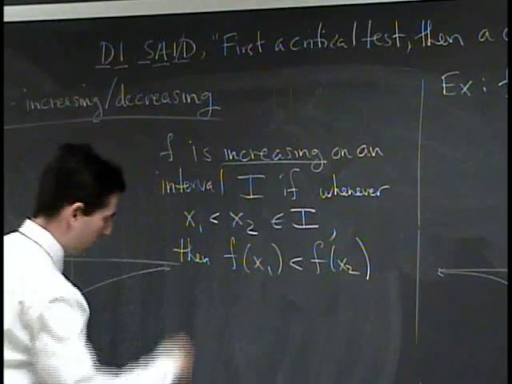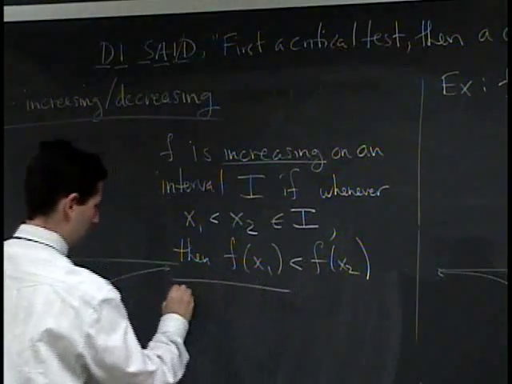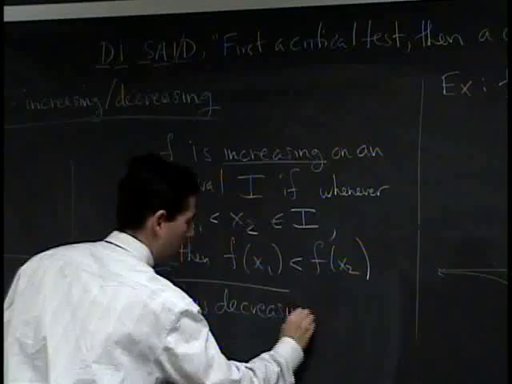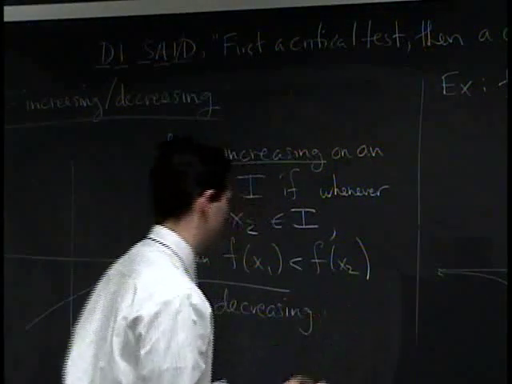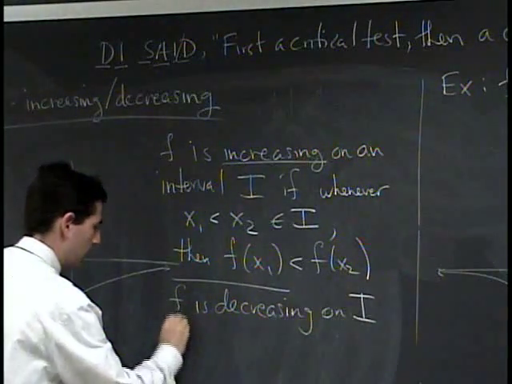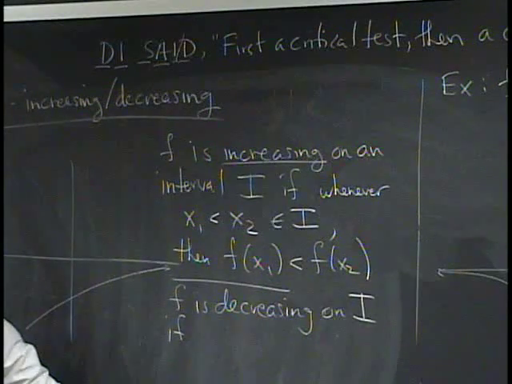So that's when it's increasing. And what do you think it should be if it's decreasing? F is decreasing on an interval I if, as the x values go up, the y values should go down.